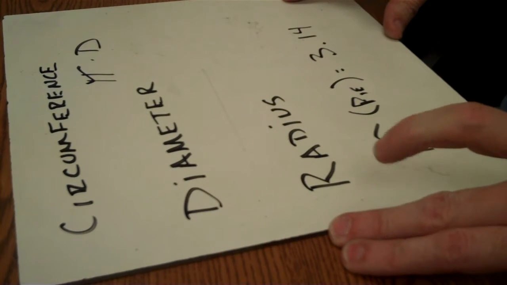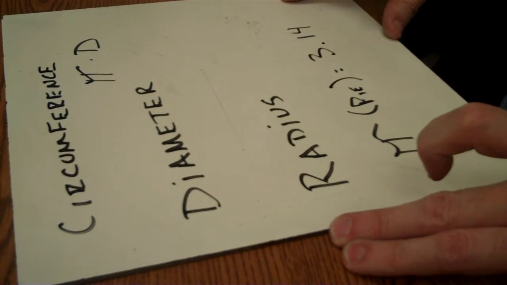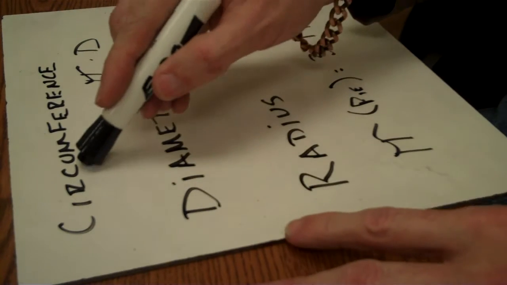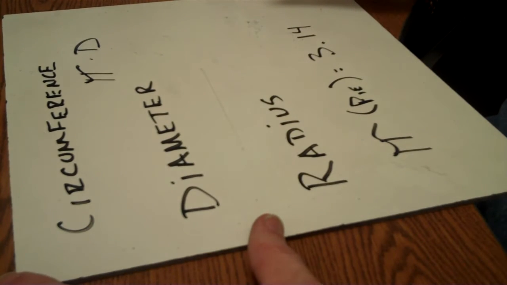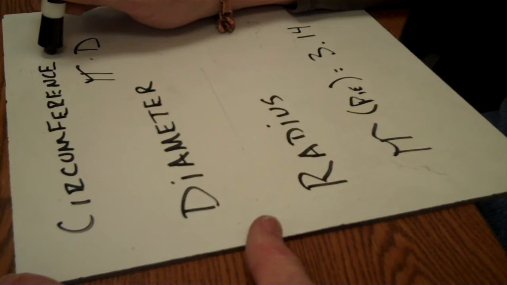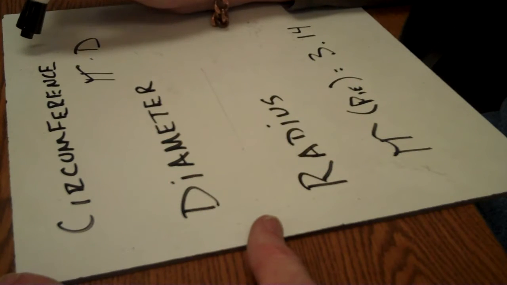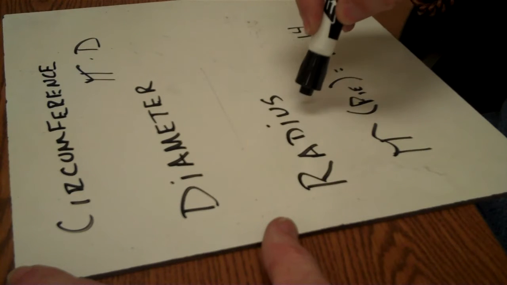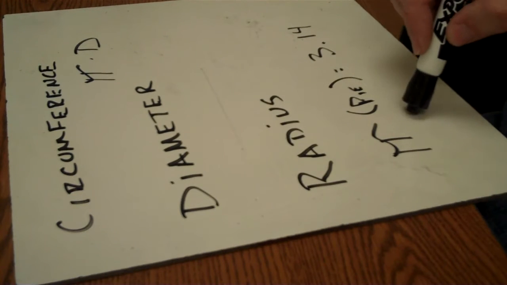Some of the teams started working with circumference, and we're having a little bit of difficulty with it. Whenever you think of circumference, I want you to think of three other words as well: diameter, radius, and pi.